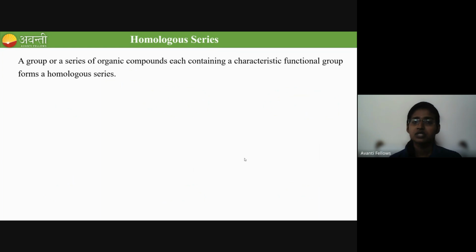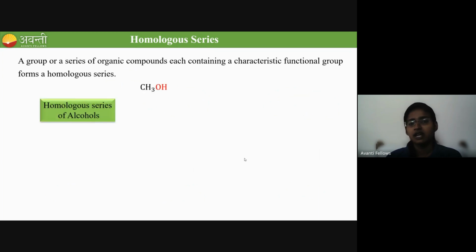Coming to homologous series, a group or series of organic compounds, each containing a characteristic functional group, forms a homologous series. Homo means same. Suppose I have to write the homologous series of alcohol. The first member of alcohol is CH3OH. If I add one more CH2 to this compound, I get the second member.